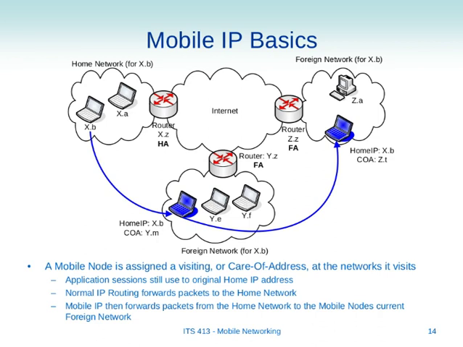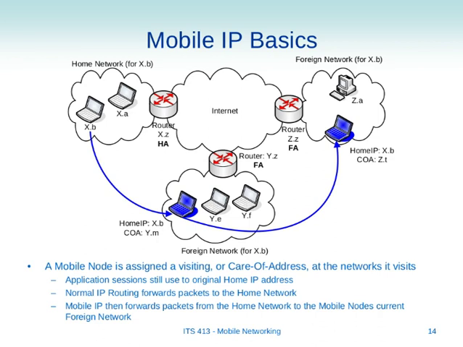So we can now think our mobile host has a home IP address, the original one, and when it's away from its home network, we get a care of address here, for example, y.m. So now we have this concept of home networks and foreign networks. For example, my SIT laptop, the home network will be within SIT's subnet. When I move outside, then I'll be visiting a foreign network.